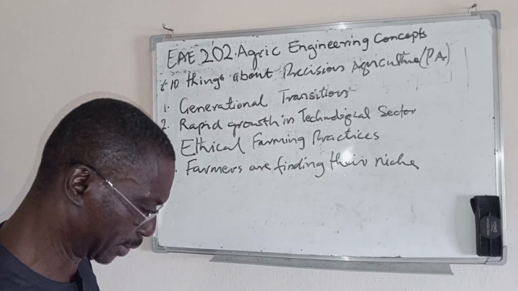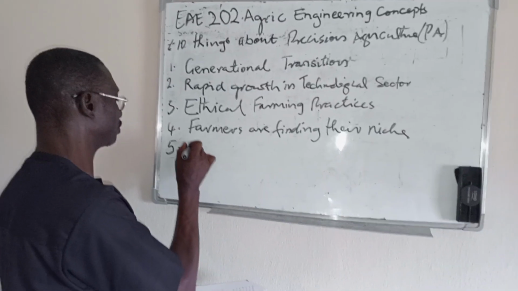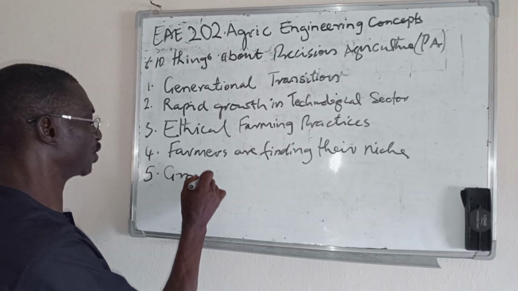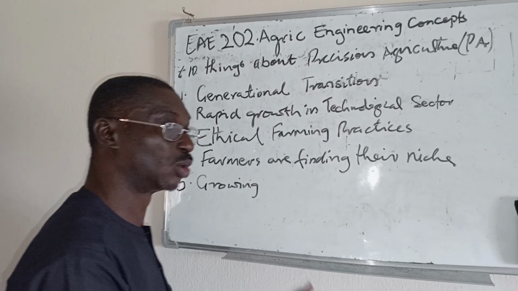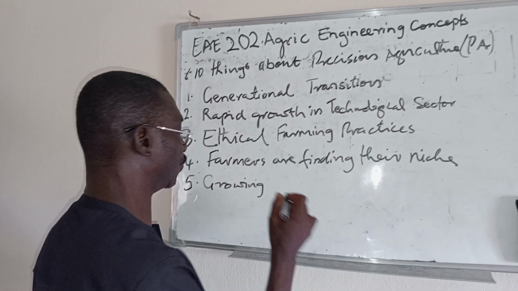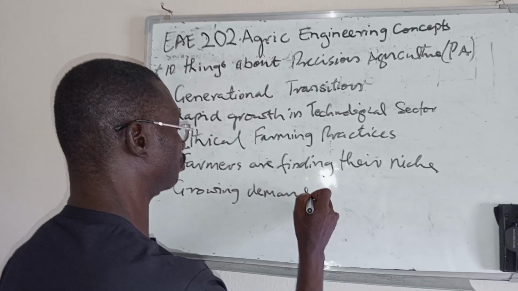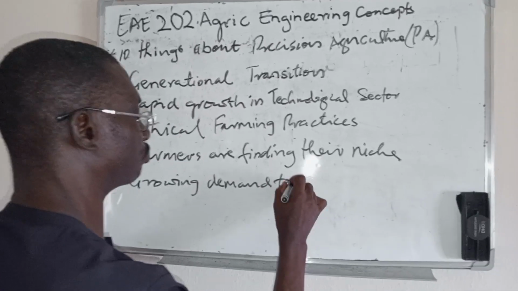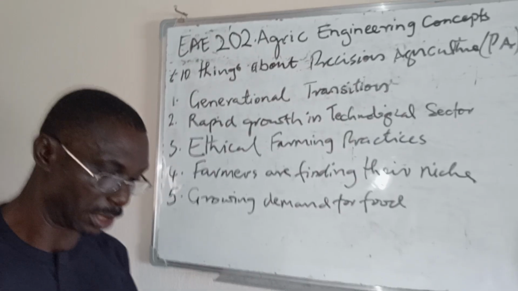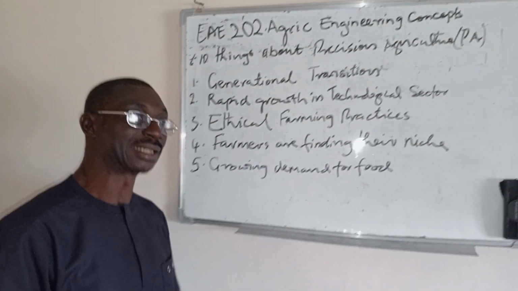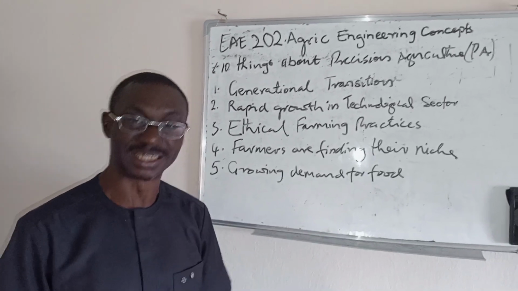Then we have number 5. Precision agriculture has given rise to growing demand for food. There is a growing demand for food, as the population is increasing, mouths to be fed are increasing.